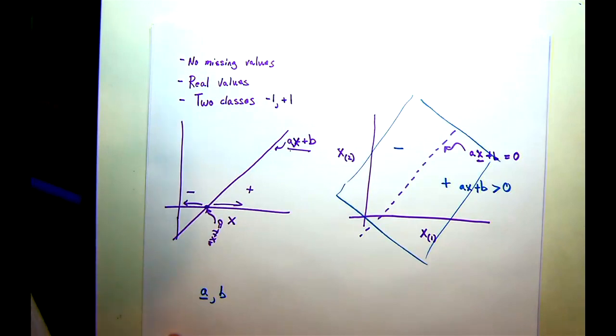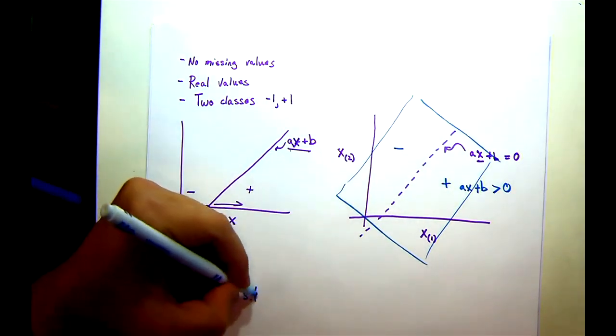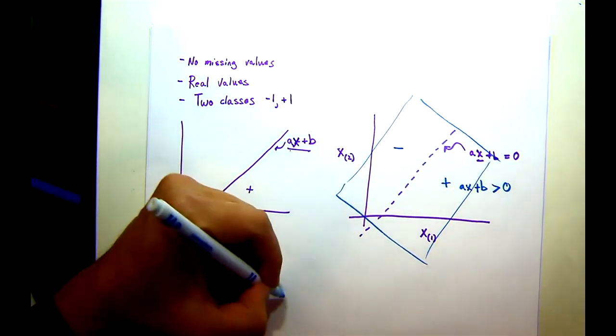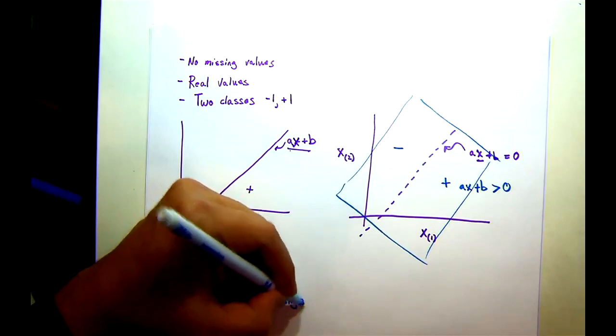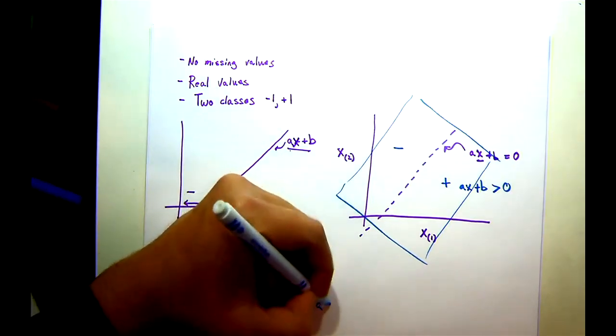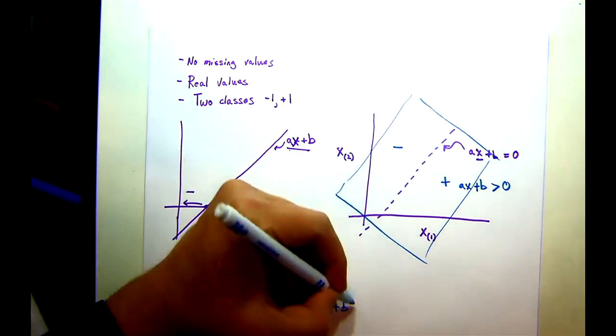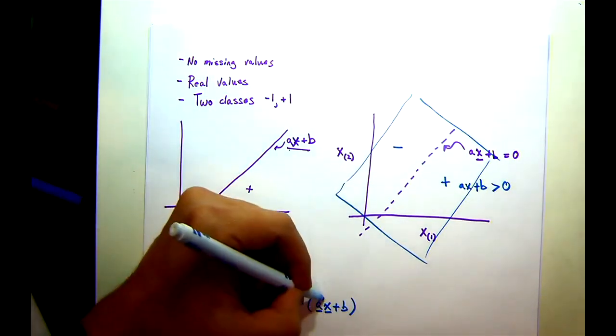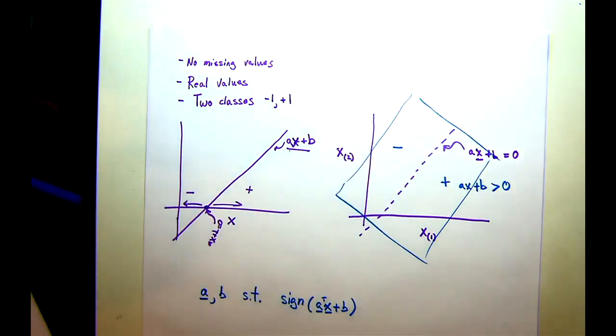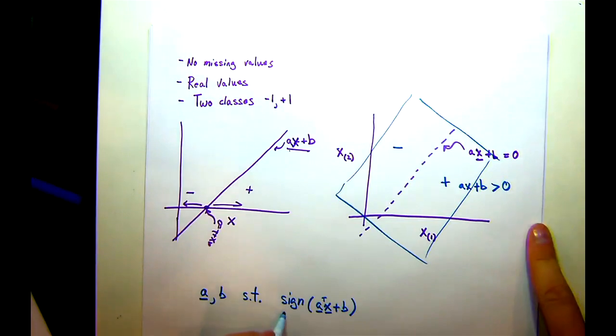And we're going to choose those a and b such that the sign of a transpose x plus b is the class that we're going to use, positive or negative.